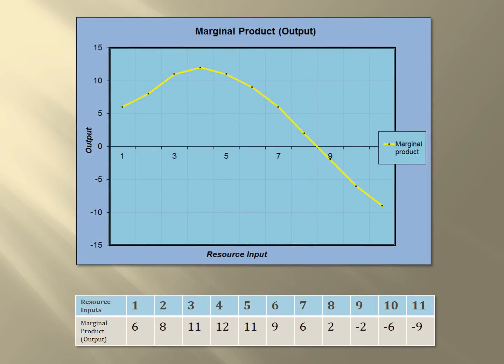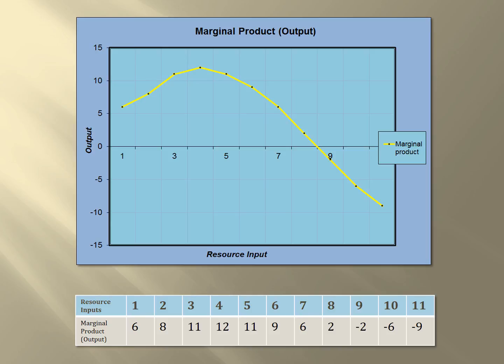While our production function shows us the relationship between our inputs and our total output, sometimes it's a little bit difficult to see how those two are related. Our marginal product curve, or our marginal output curve that we see here, does a little bit better job of that, because what it's showing us is the relationship between adding one more resource input and what the change in the output is.